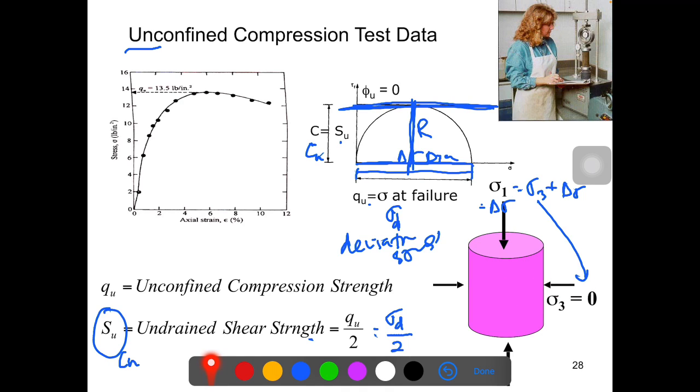Then you have to calculate from there. Directly or indirectly, you will get the Cu value and phi u. Unconfined compression strength means undrained, so phi u is equal to 0, and Cu is half of your unconfined compression strength.